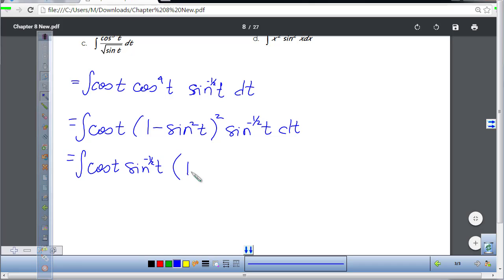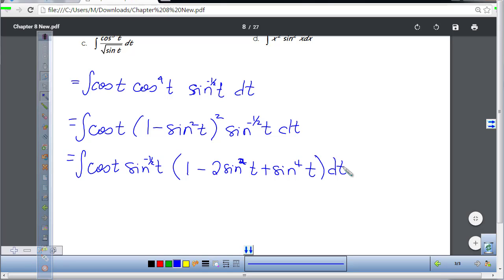So it's 1 minus 2 sine squared t plus sine to the 4th t. And then we've got our dt.